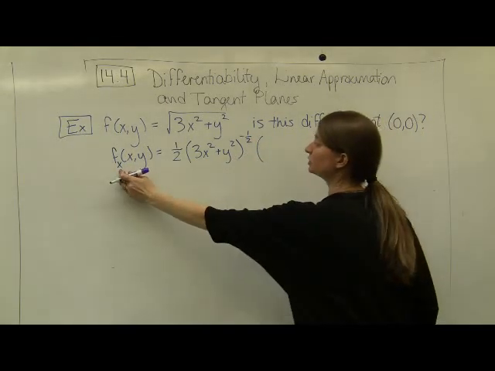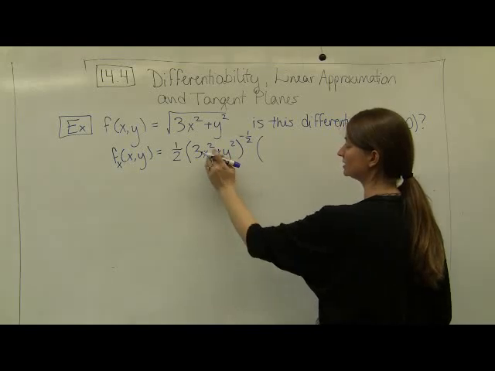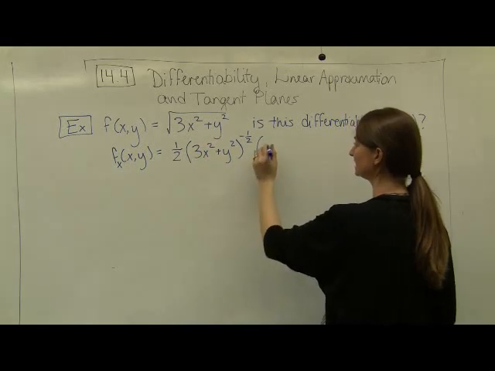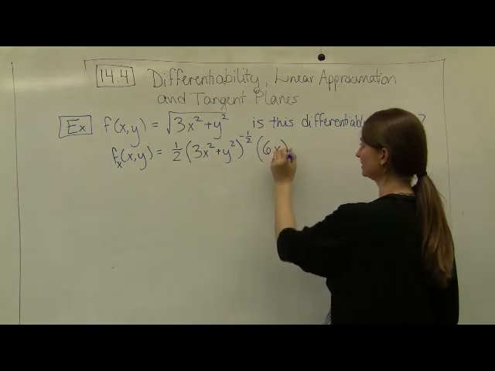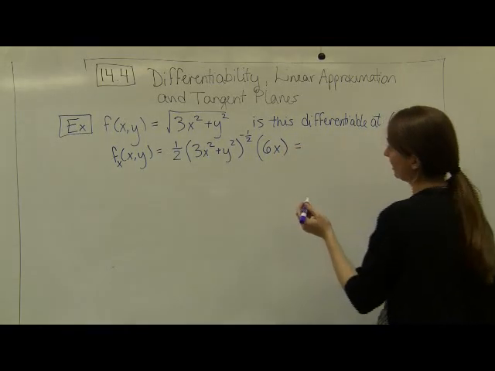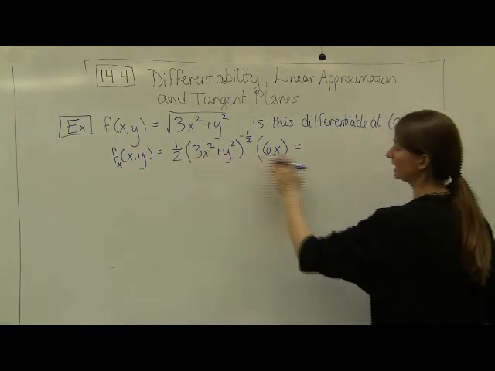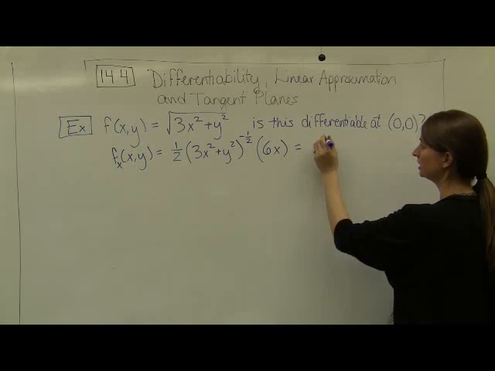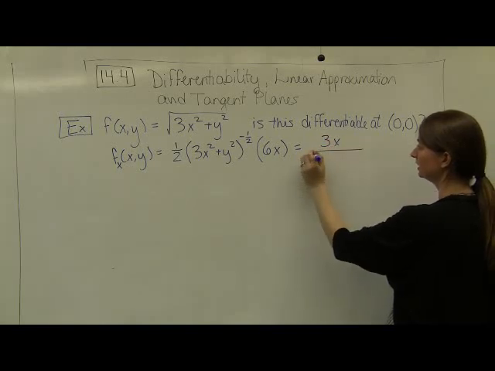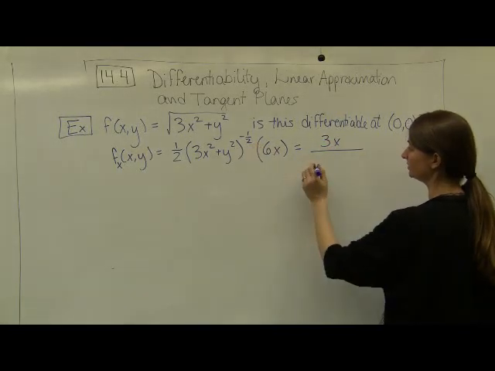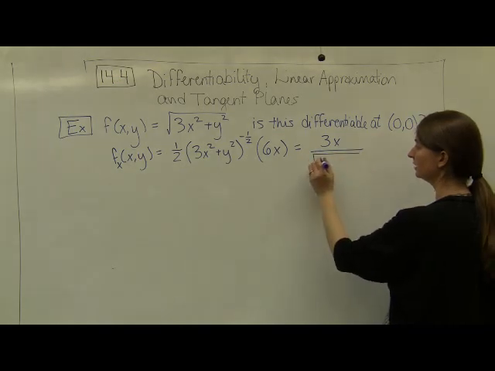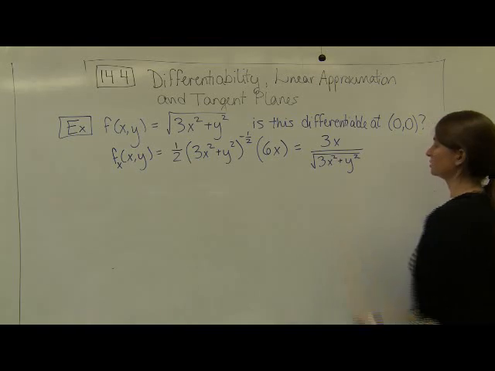Again, we're taking the partial with respect to x, so we treat y as constant, and the derivative of the inside is 6x. I can rewrite that: the 1/2 cancels with the 6 to give me a 3x in the numerator, and in the denominator, I have the square root of 3x squared plus y squared.